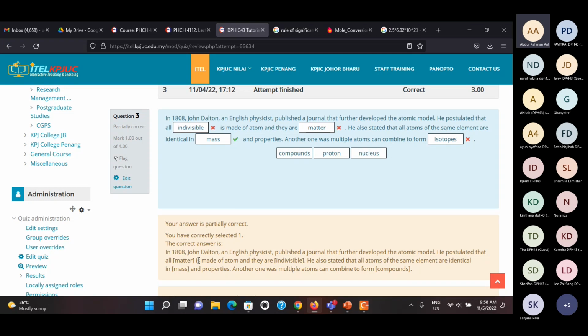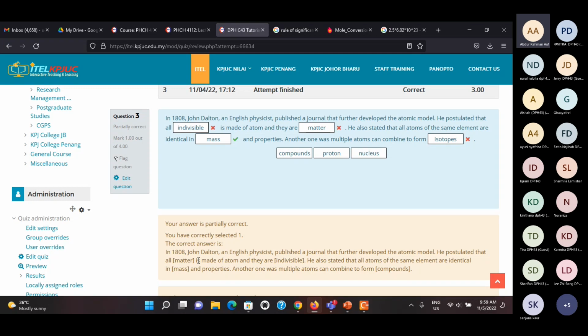He also stated that all atoms of the same element are identical in mass and properties. So kat sini dia kata atoms of the same element adalah sama dari segi dia punya jisim dan juga dia punya sifat-sifat.